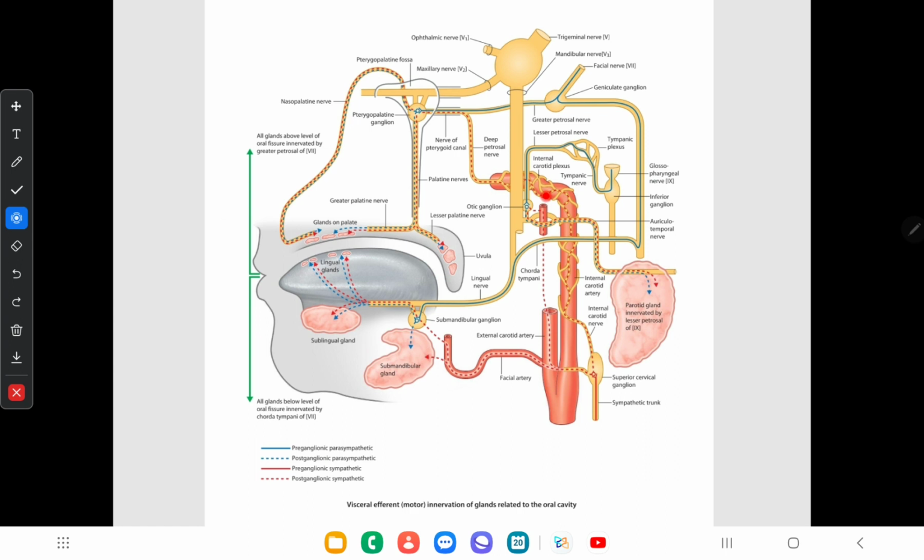These fibers pass through the ganglion uninterrupted and join the auriculotemporal nerve for vasomotor supply to the parotid gland. Here, the dotted lines in red color represent postganglionic sympathetic fibers which go towards the parotid gland via auriculotemporal nerve.